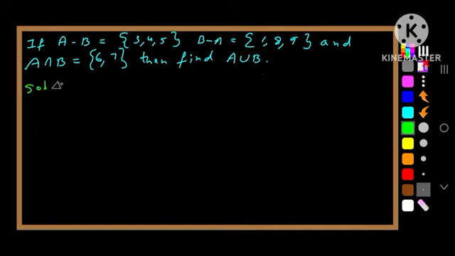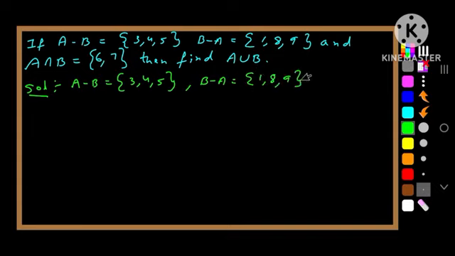First of all, you write A minus B: 3 comma 4 comma 5. Next, B minus A: 1 comma 8 comma 9, and A intersection B is equal to 6 comma 7.